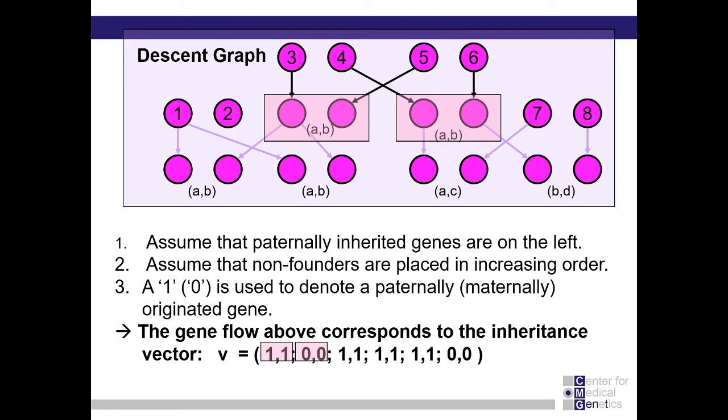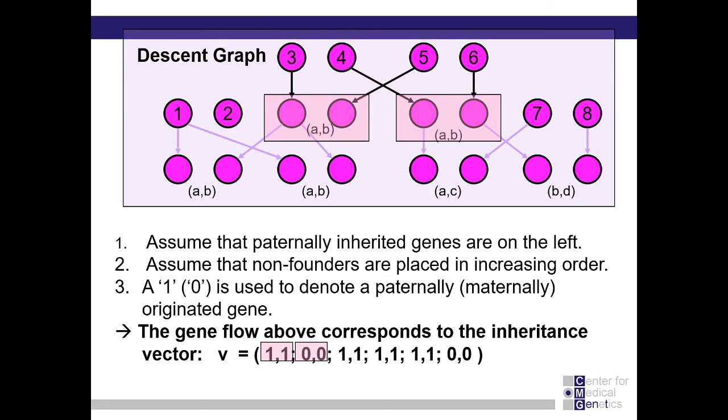If you look at these two persons, one allele is from the father, one allele is from the mother. The person in the middle gets the allele from both mother and father, so paternal, 1 1.